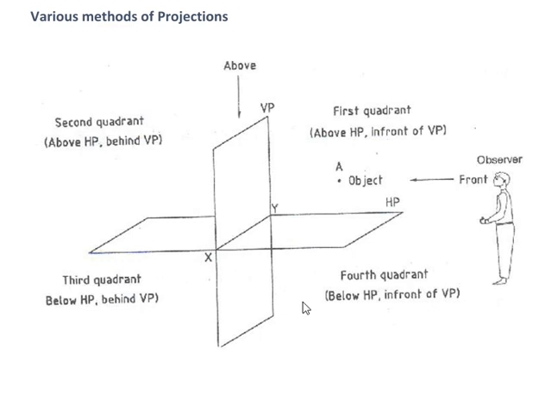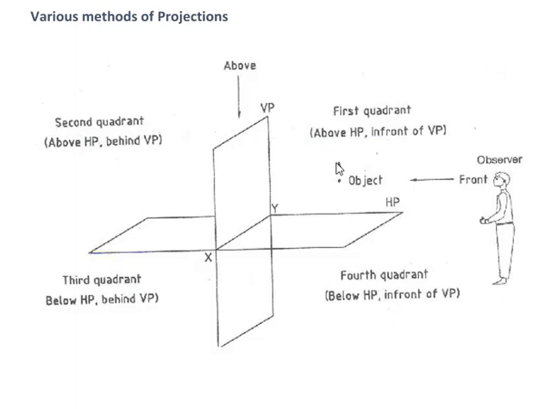The observer always stands at the right side for seeing the front view. For the top view, the observer sees from here. Based on the quadrant, he may move to here or here, depending on where the object is placed.